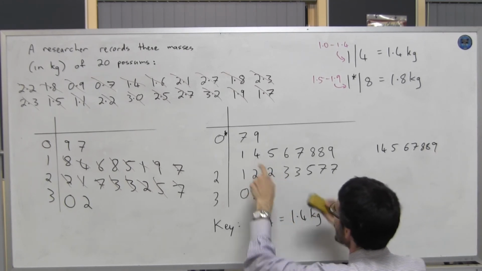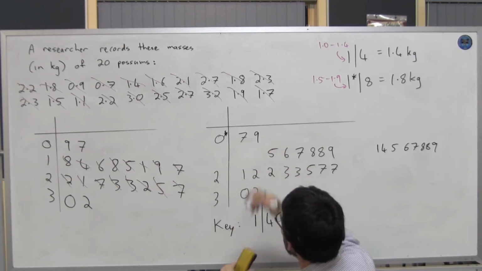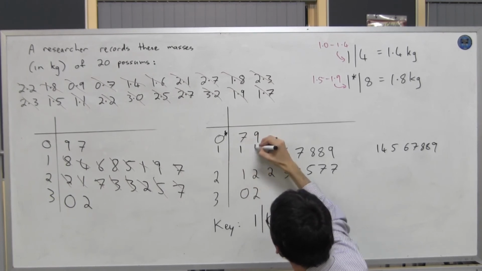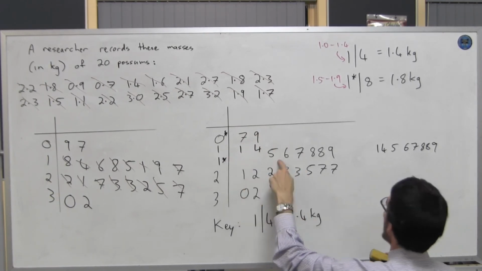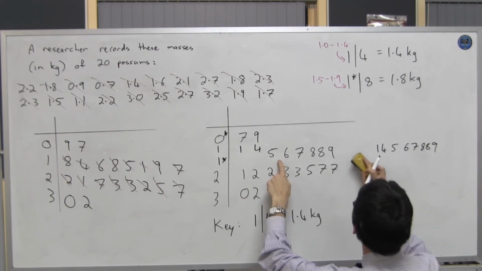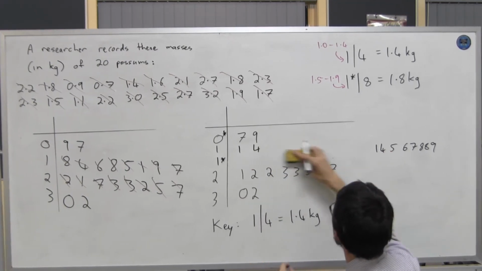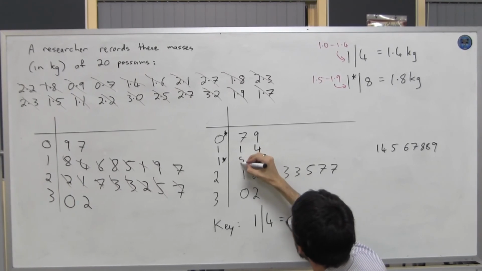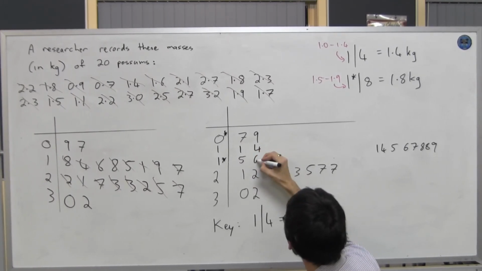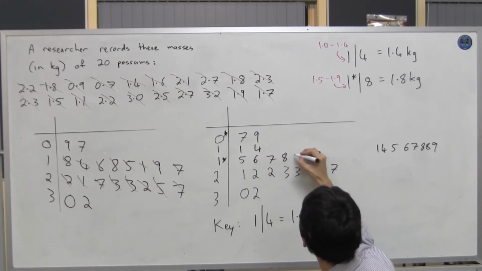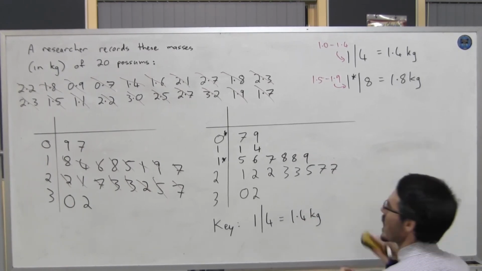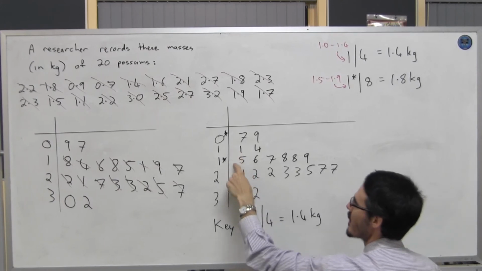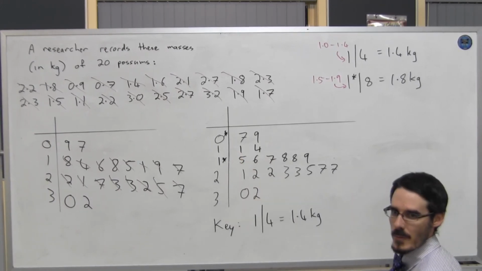And the 1 and the 4 are going to go in the 1. And the 1 star is going to get the rest, which is the 5, 6, 7, 8, 8, 9. So I've split up my original 1 row into 2.